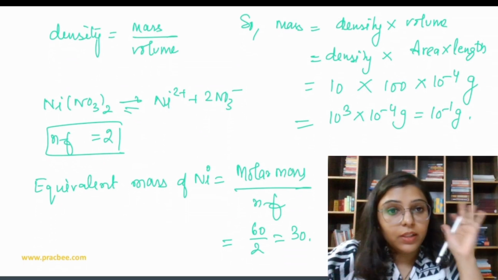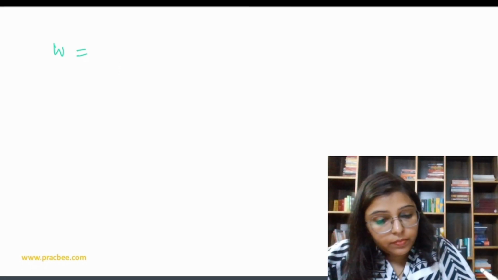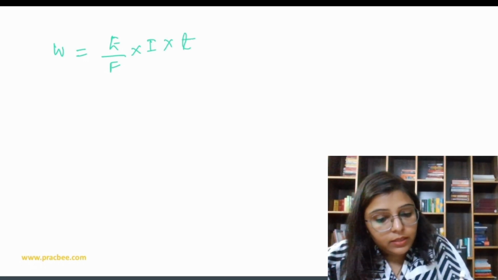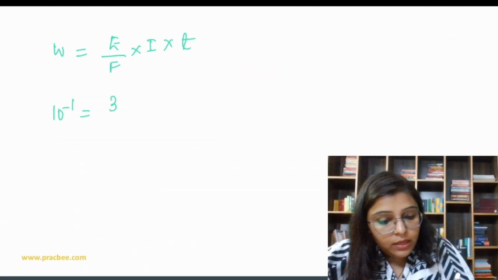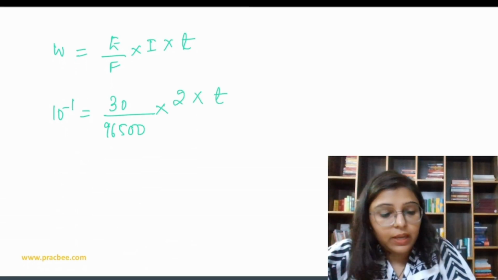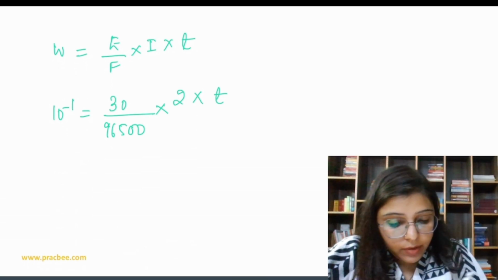Okay, now let's put all the values into the formula. So W is equal to E by F into I into T. So W is 10 to the power minus 1, E is 30, F is 96500, I is 2 ampere, and we have to calculate time, and the time is basically X. So on solving, what do we get?